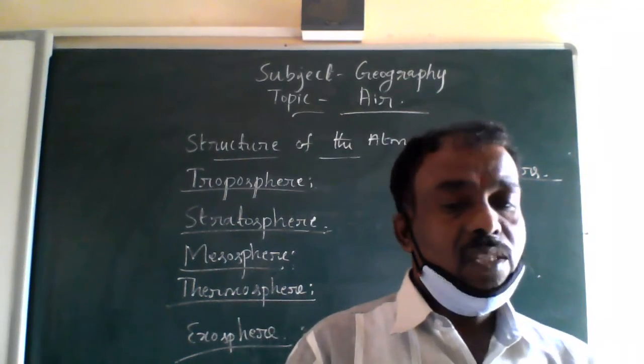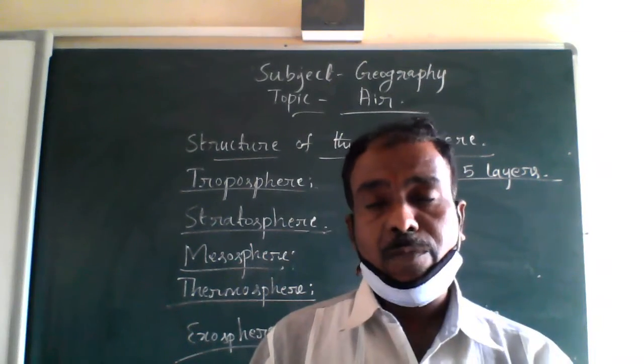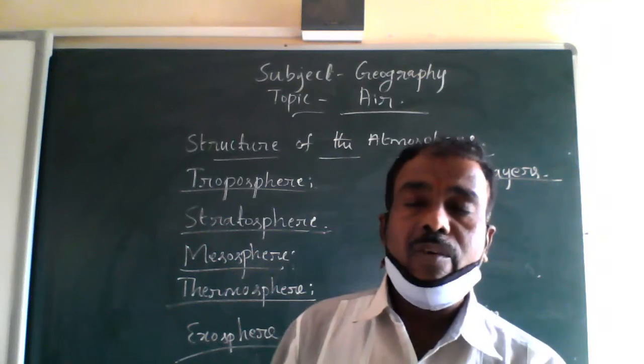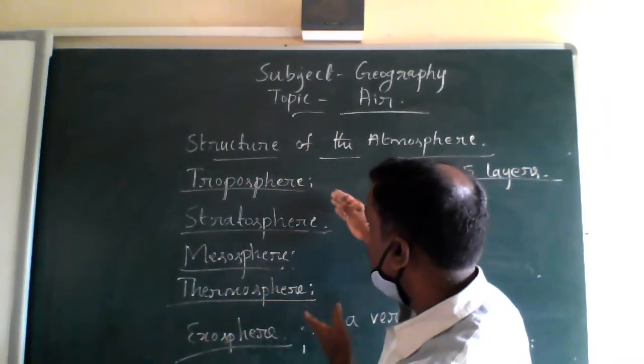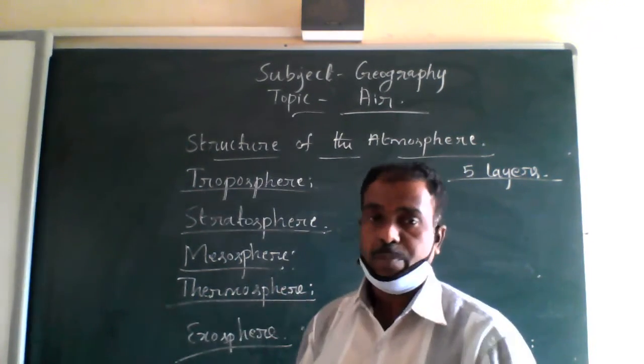Also, dear students, we learned in this class the structure of the atmosphere, and that the atmosphere is divided into five different layers: troposphere, stratosphere, mesosphere, thermosphere, and exosphere.